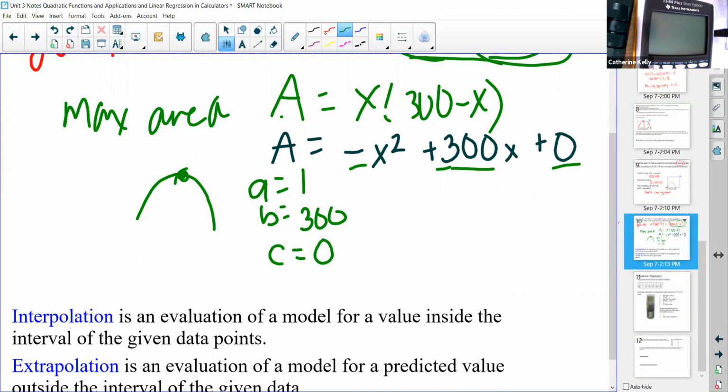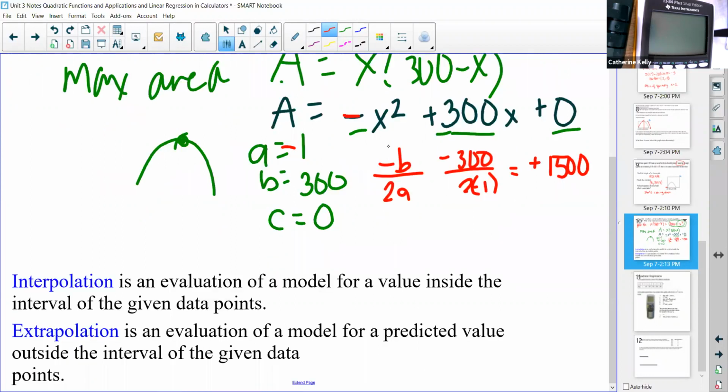So the vertex is the opposite of B over 2A. So the opposite of B would be negative 300 over 2A, which is 2 times negative 1. So it would be negative 150. Oh, this A was a negative 1, so it's actually a positive 150. Don't forget this negative.